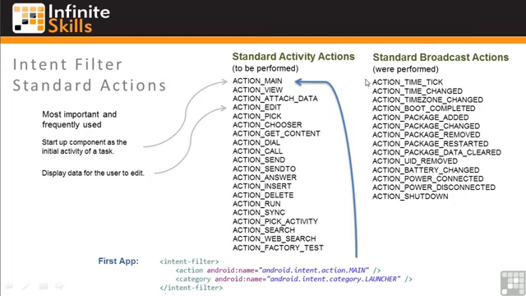The most important and frequently used actions are the main action to start up a component as the initial activity of a task, and edit to display data for user editing. We use the main action in our first app, as shown here.